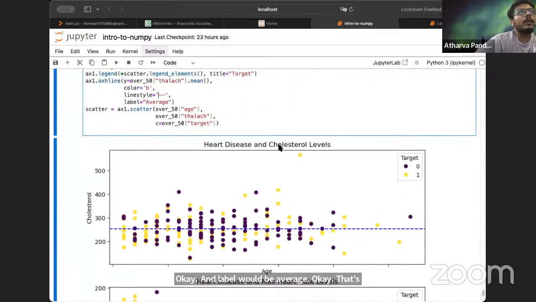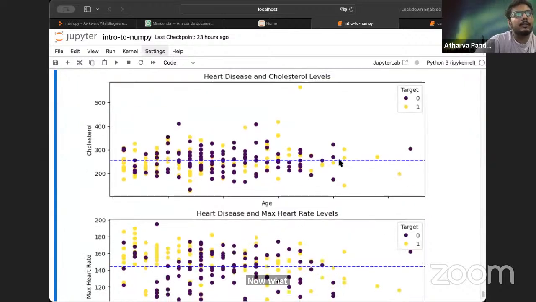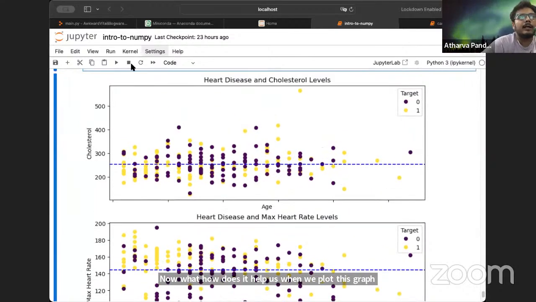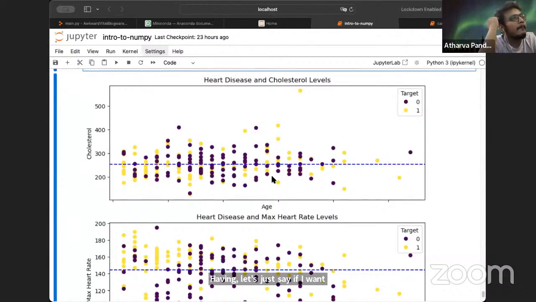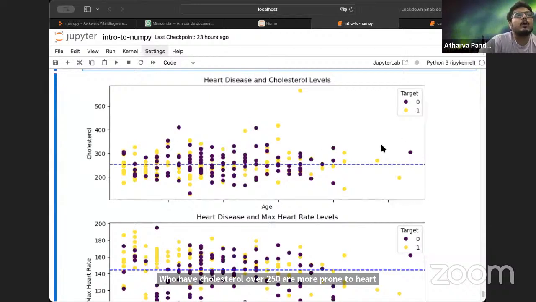Now, how does it help us? When we plot this graph, it helps us determine how many people are having, let's say, if I want to say the majority of the people who have cholesterol over 250 are more prone to heart disease because I see more brown dots.